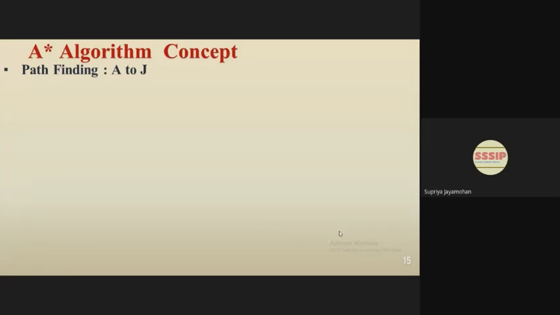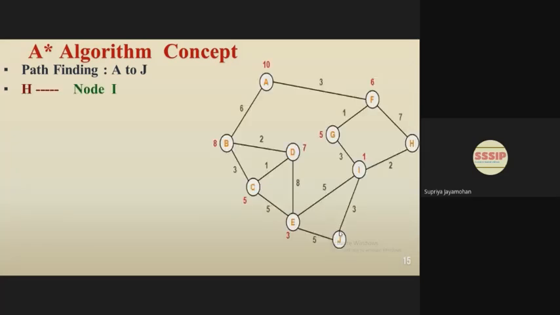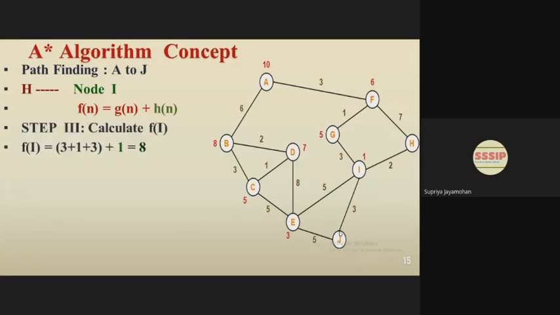So as we move on, we could see that we need to calculate it for f of I, and for f of I, the distance is going to be 3 plus 1 plus 3, so that's going to make it 7, and the distance given here is going to be 8. It's the only possibility, so naturally it reaches node I. From node I, it has to take a path to J. That is going to be the final path.